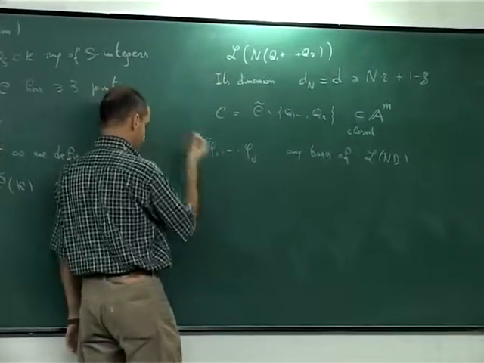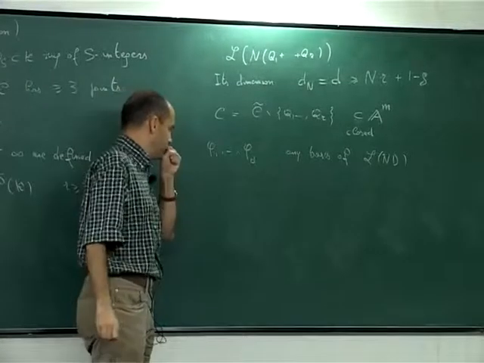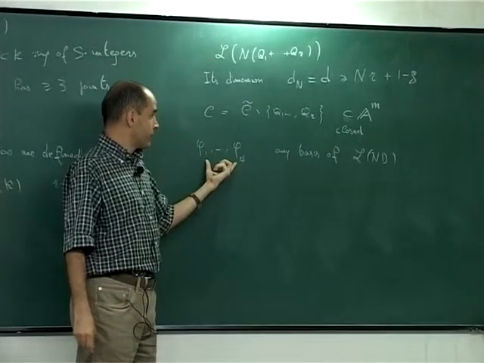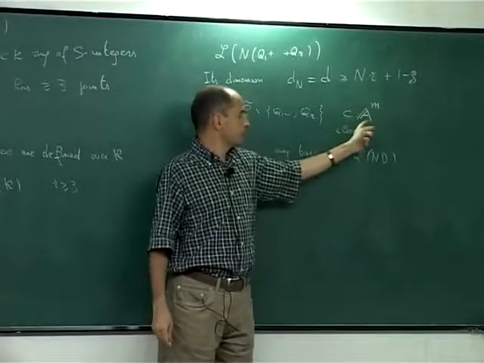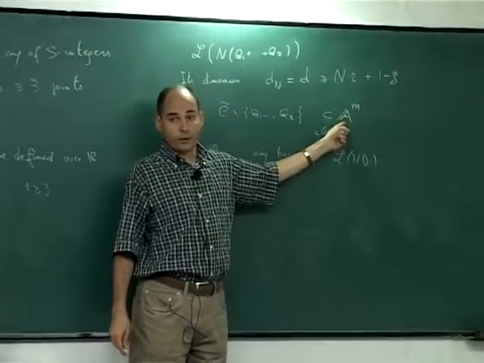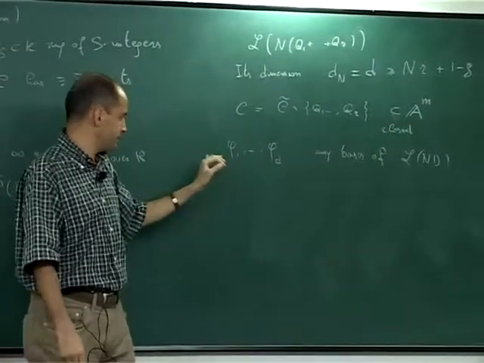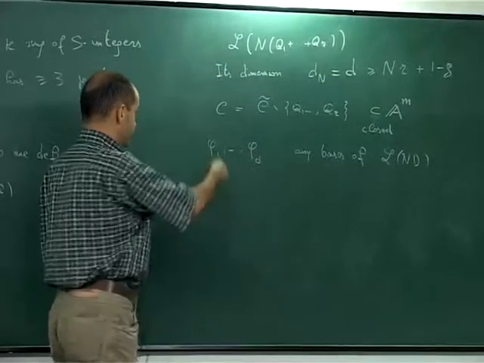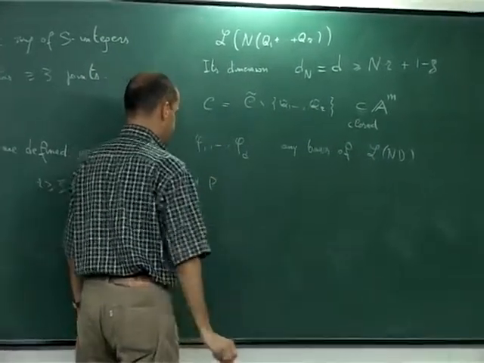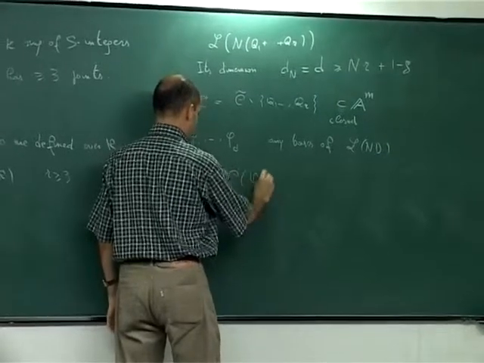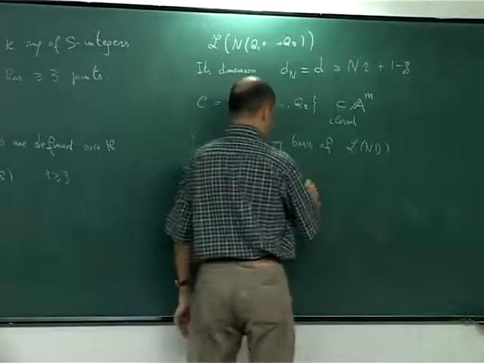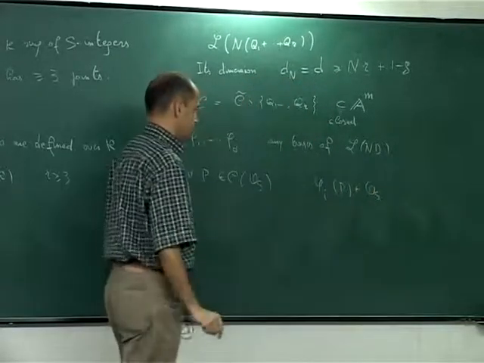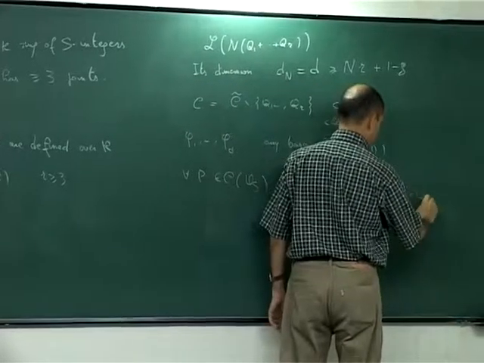Now I can suppose that they are polynomials in the indeterminates x1, ..., xm with S-integral coefficients. Otherwise, I multiply all of them by a constant. So we can suppose that for every point P in C of O_S, so for every integral point, phi_i of P is S-integral for i from 1 to d.